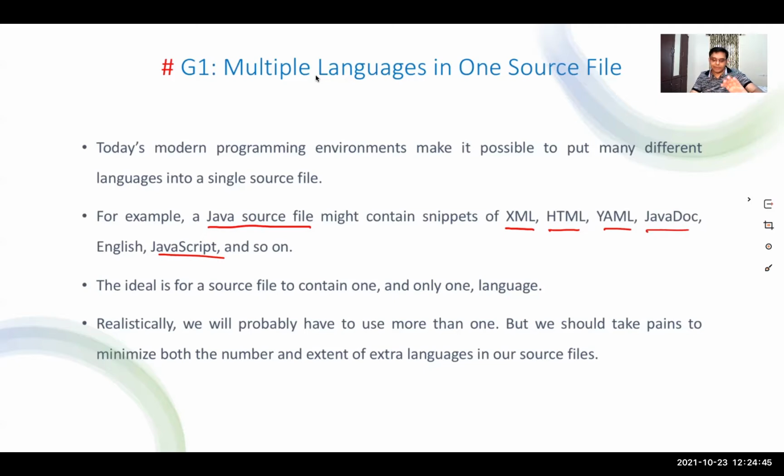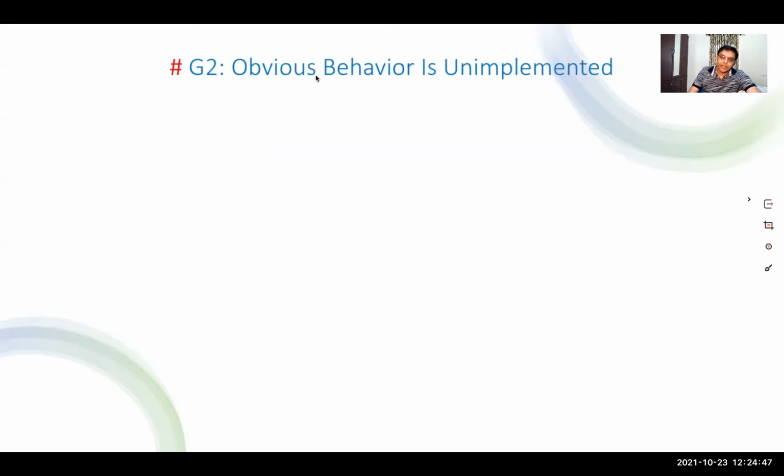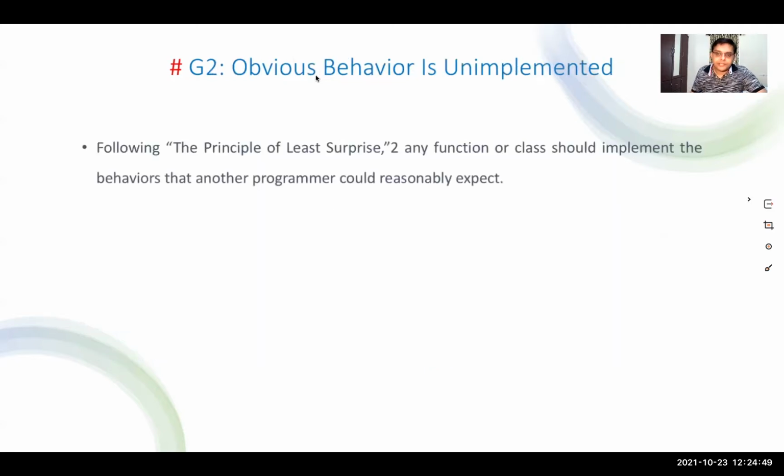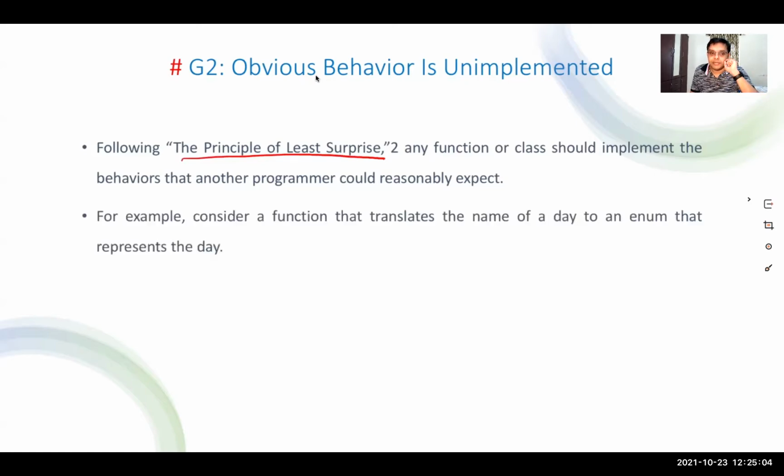Okay, so multiple languages in one source file is one smell. Another thing is obvious behavior that is unimplemented, and we'll see the principle of least surprise. Any function or class should implement behaviors that another programmer could reasonably expect. If you look into this function, it translates the name of the day into an enum.